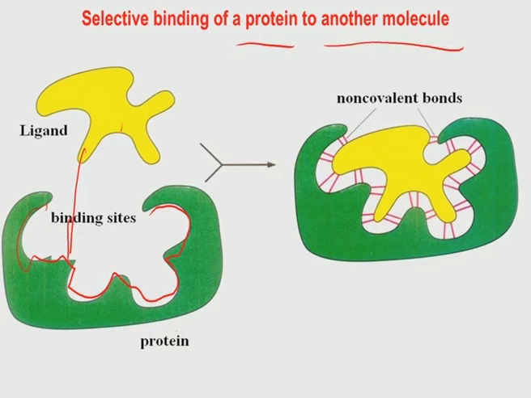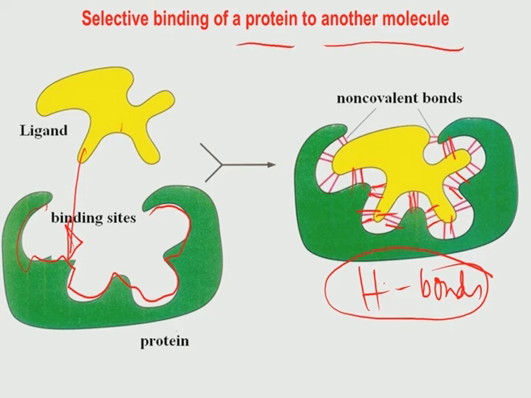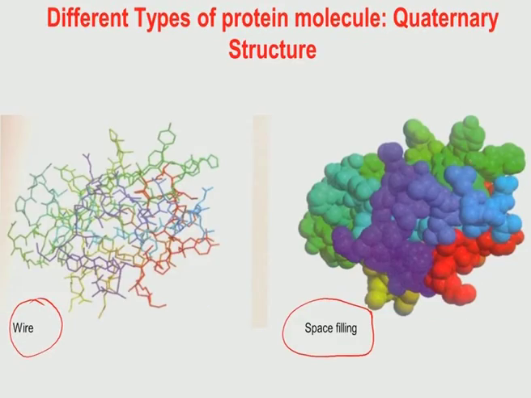These ligands will come and try to interact or establish bonding with this protein structure, and these bonds are essentially non-covalent bonds. Non-covalent bonds means it can be either a hydrogen bond or a van der Waals type of bond. These non-covalent bonds are extremely weak, and therefore if the ligands try to escape from these bonding sites, it is possible simply by breaking these bonds without much difficulty.